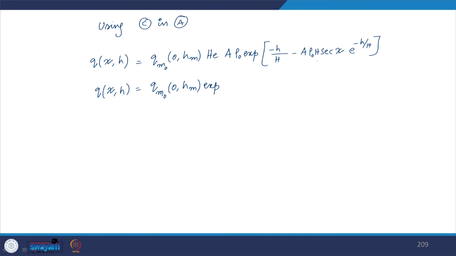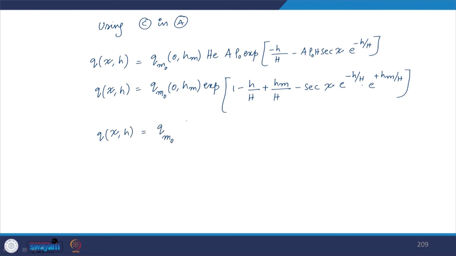Taking this He inside, exponential 1 minus h by capital H plus Hm by capital H minus secant chi e to the power of minus h by h into e to the power of minus Hm by h, or Q of chi comma h is equals to Qm0 Hm into exponential, rearranging these terms, 1 minus h minus Hm by h minus secant chi e to the power of minus h minus Hm by h.